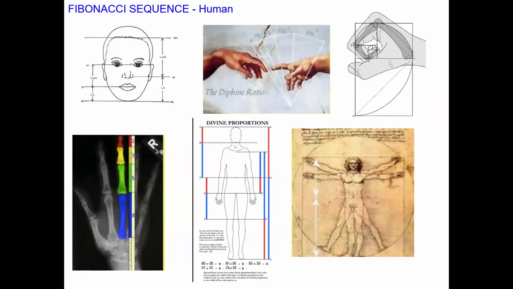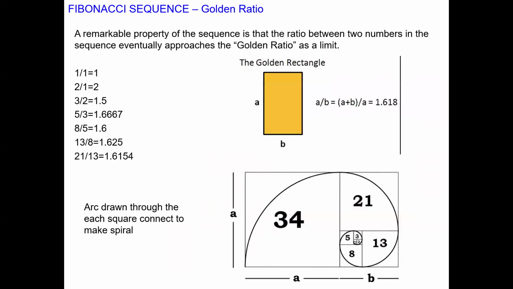Of course, the human body has lots of ratios following the Fibonacci sequence. And that's actually what I was saying. Yes, 1.67, 1.6 when we take these ratios. And this is also the golden rectangle.